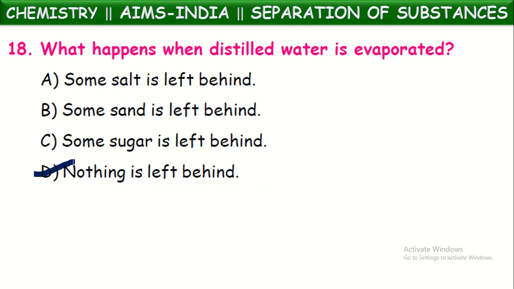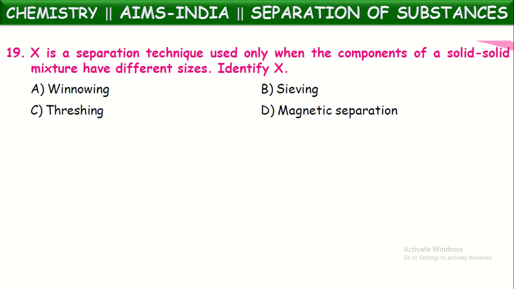Okay, next. X is a separation technique used only when the components of a solid mixture have different sizes. Then what is that X? So X is a separation technique used to separate two solids which have a difference in their sizes. So generally the separation technique used based upon the difference in the sizes of the components is, what is it?